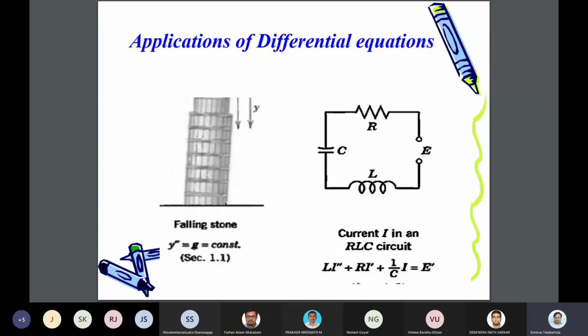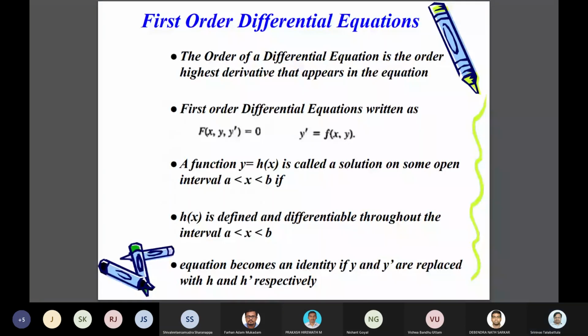Okay, let us look at the first order equations. When I say first order equation, it has got derivatives of the first order only. Okay, it has y dash or dy by dx. X I'm taking as the independent variable, y I'm taking as the dependent variable, y dash, etc. are all derivatives. So this is the form which you can put.